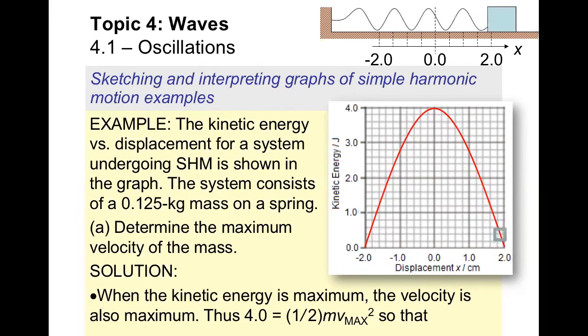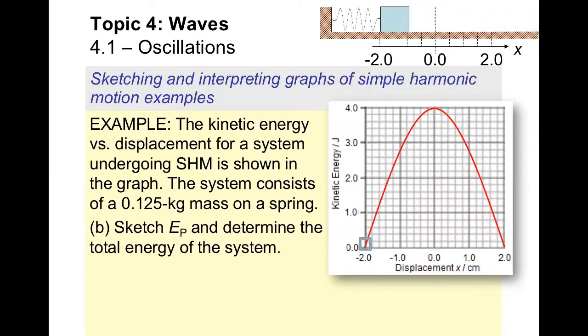Since we know that the maximum kinetic energy here is 4 joules, then we have 4 is equal to 1/2 times the mass, which is given as 0.125, and we can determine the velocity: v is equal to the square root of 4 all over 1/2 times 0.125, so the answer is 8 meters per second.